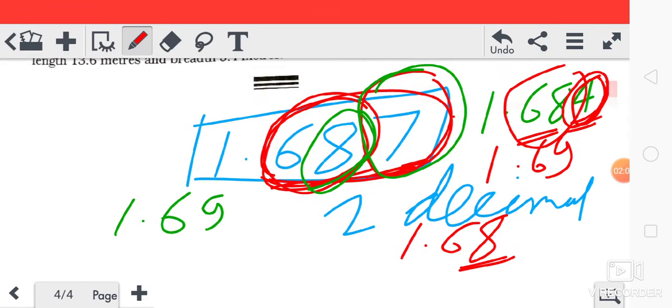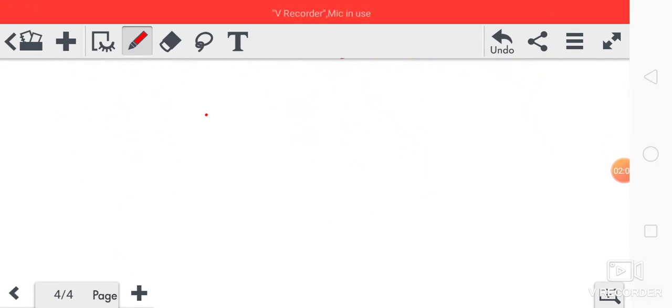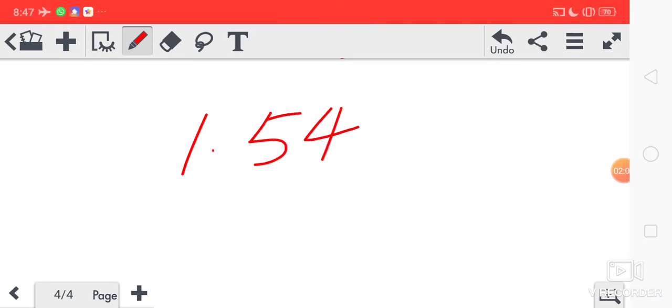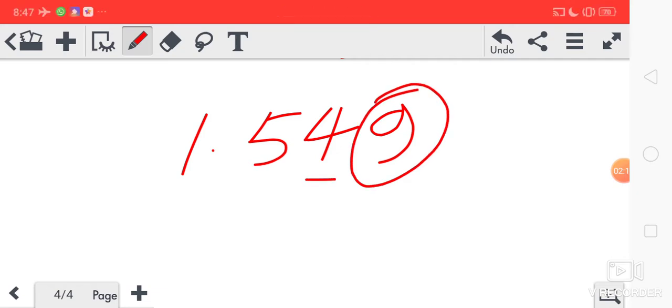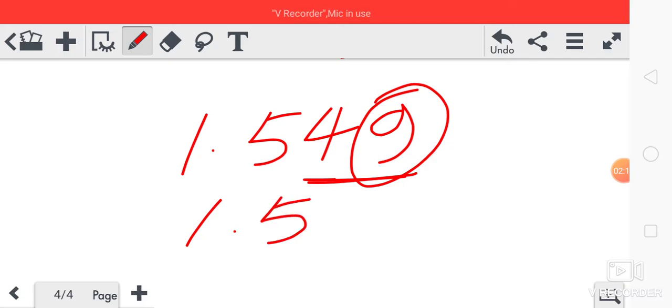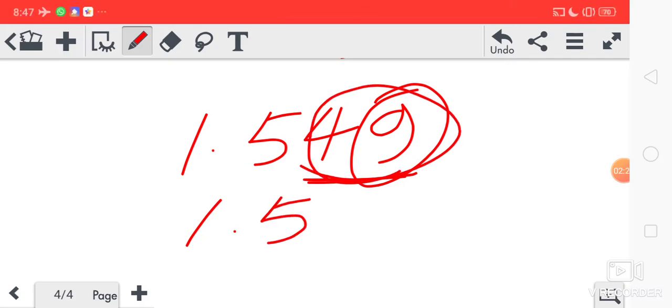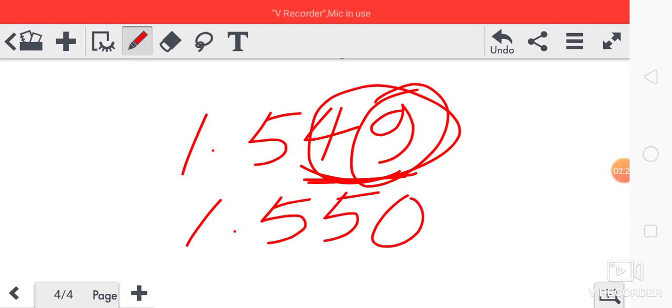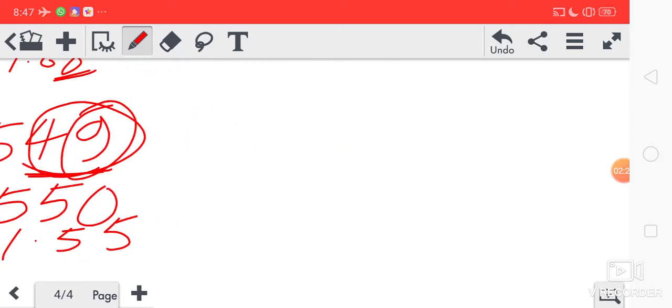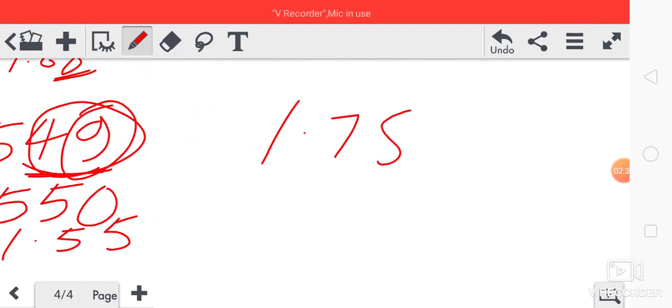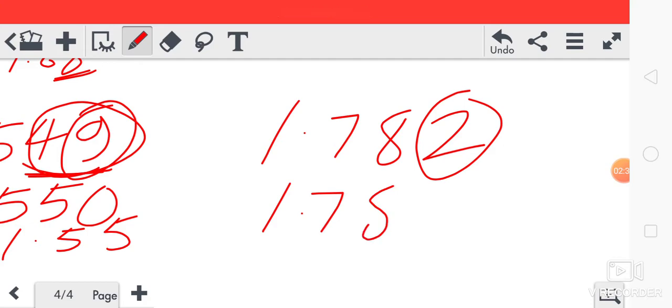Okay, so to round off, 1.549 is given. This last digit is 9, so 49 will become 50, and it will be 1.55 only. If we take 1.782, got it, then the last digit is 2, so we leave it up to here only, 1.78.